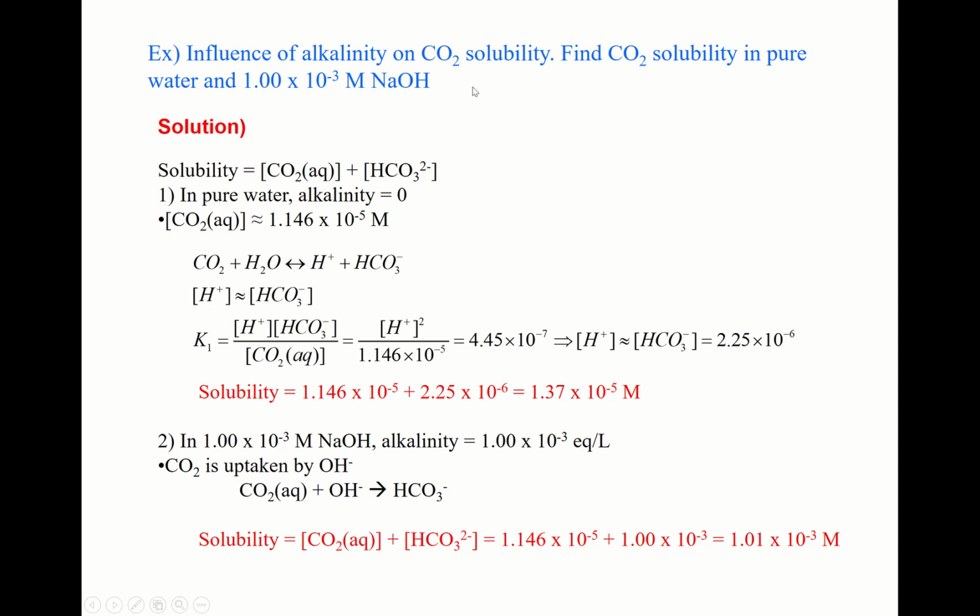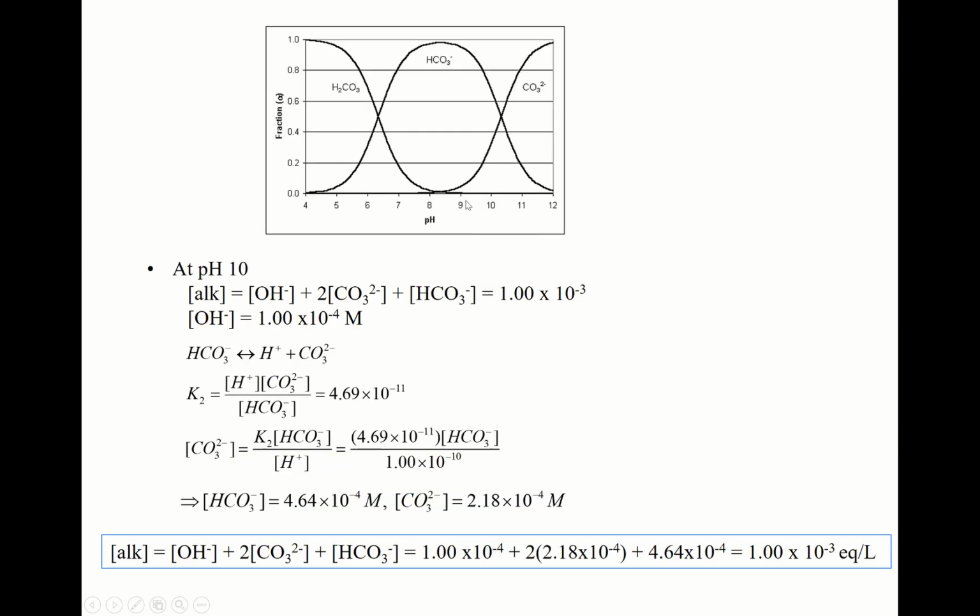When CO2 dissolves in water, it exists in two forms: first the dissolved CO2 form, and the bicarbonate form. You may ask, professor, what about the carbonic acid form? Actually, this form doesn't exist at all in water. CO2 simply binds to water, but the actual form is not carbonic acid.